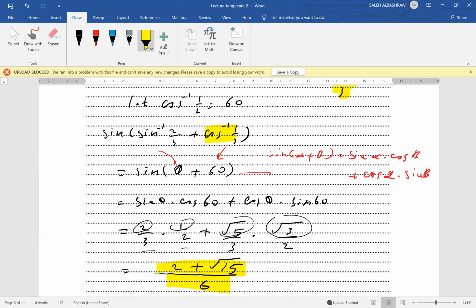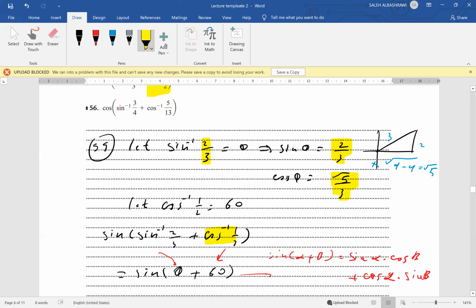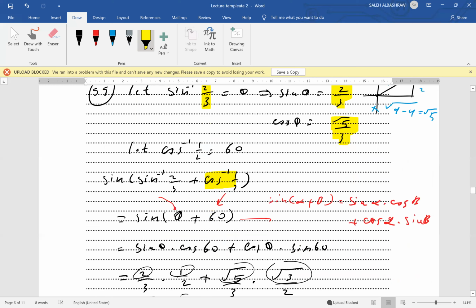Similarly, we can find the value for question number 56, which is cosine of sine inverse 3 over 4 plus cosine inverse 5 over 13. Number 56.